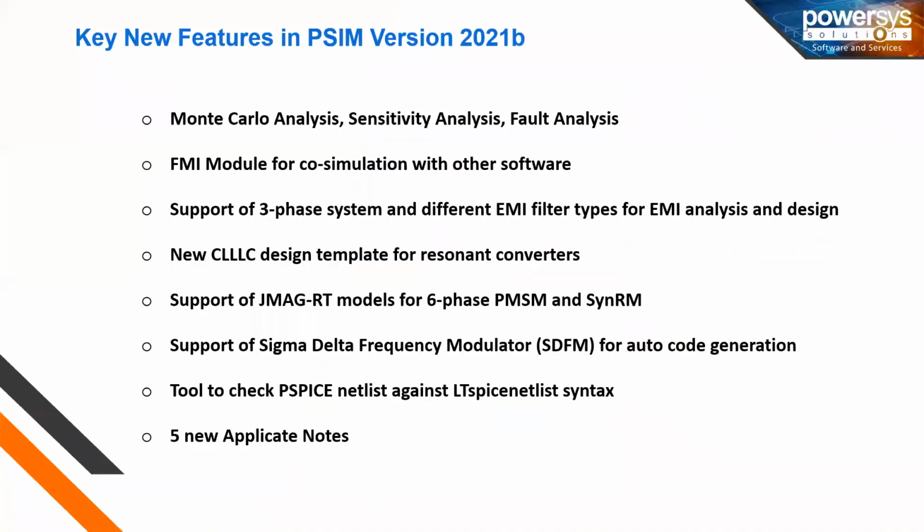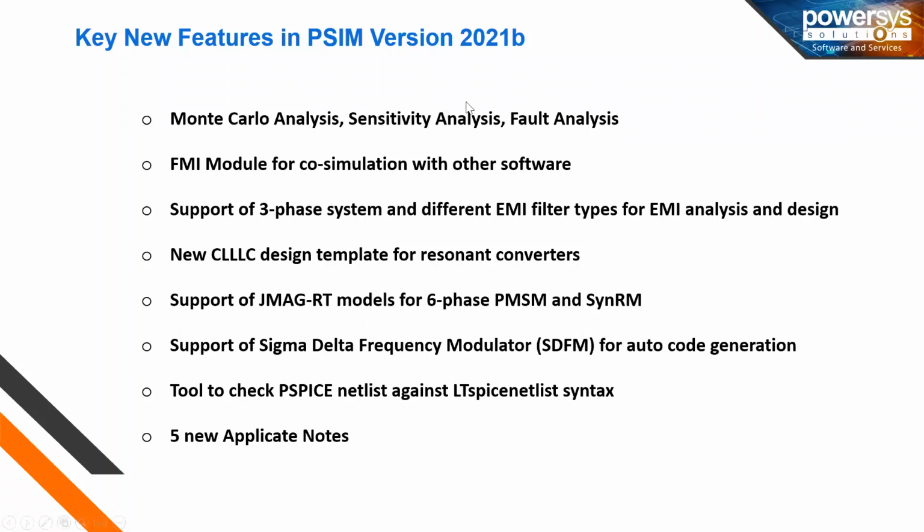So let's go to the main features of this new version, 2021b. The main new features are shown directly here. Basically, we have integrated new tools and new analyses into PSIM: the Monte Carlo analysis, sensitivity analysis, and fault analysis as well.